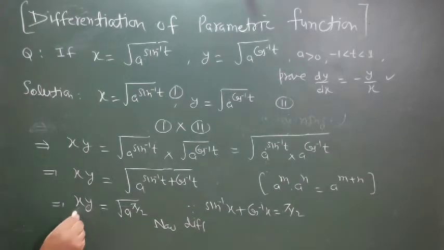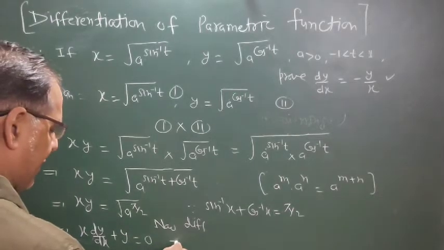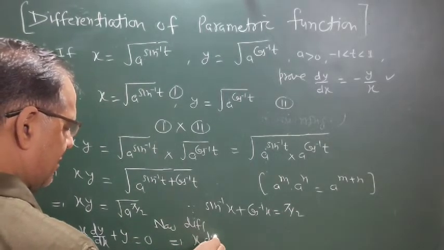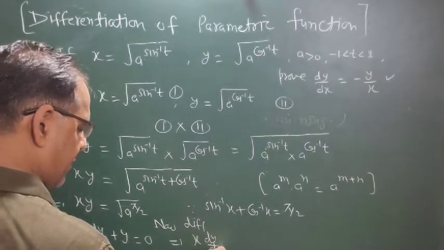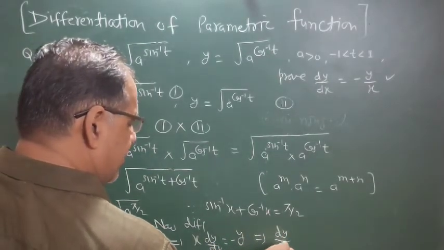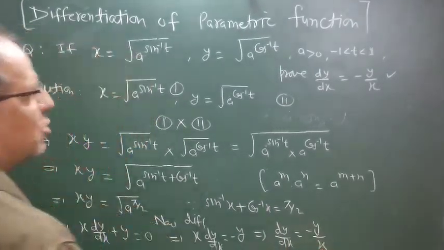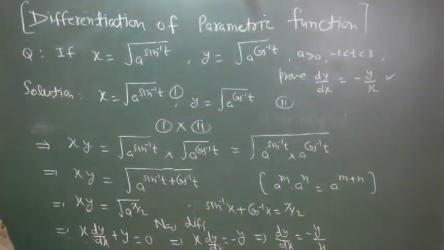Apply the product formula, x dy over dx plus y equal to 0, because the right hand side is constant, so the differential becomes 0. Finally x dy over dx equal to minus y, and dy over dx equal to minus y upon x. So this is the solution of this question.